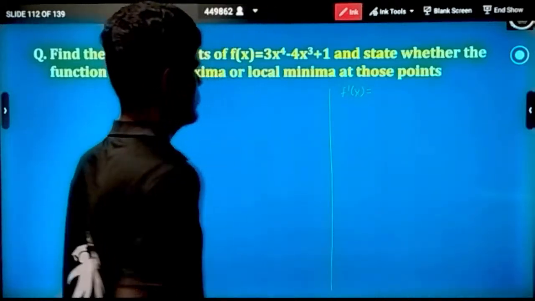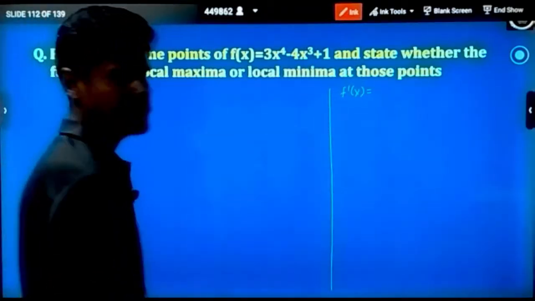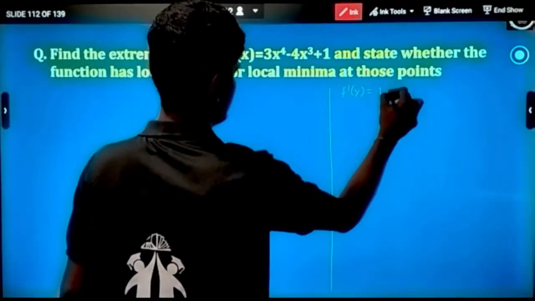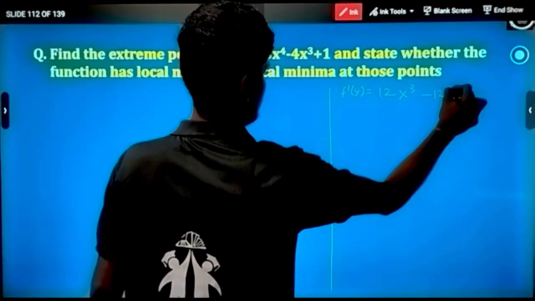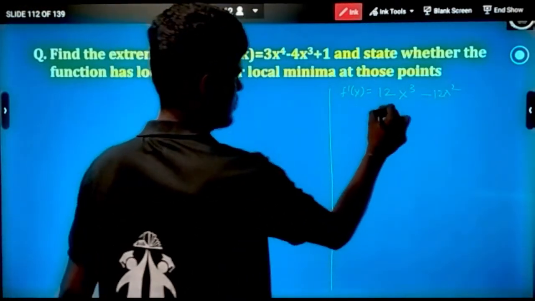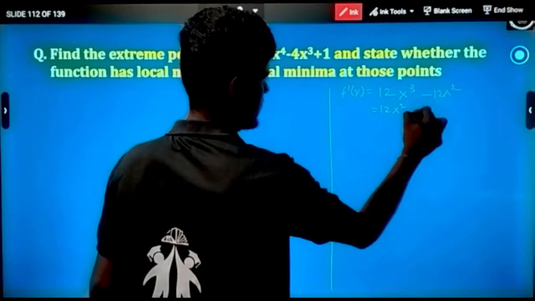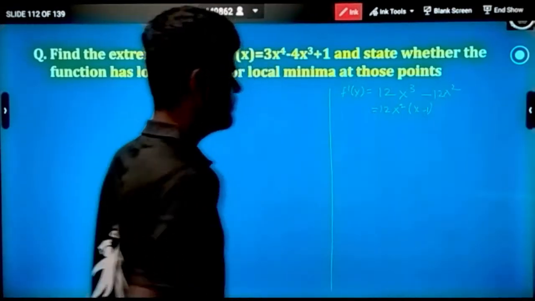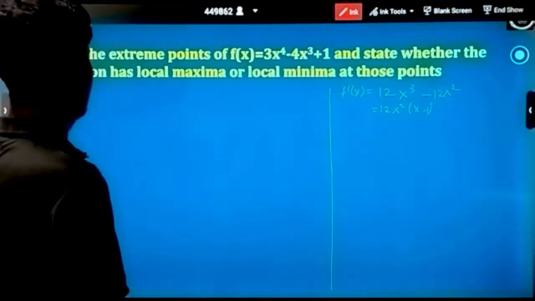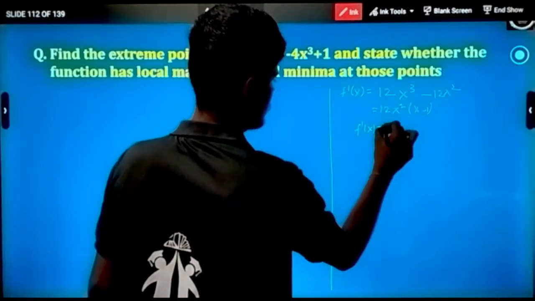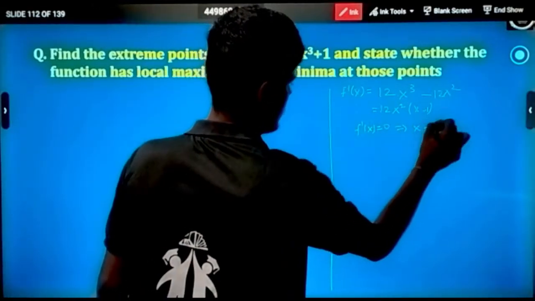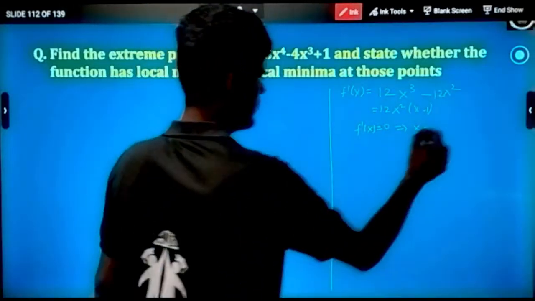F dash of x is equal to, what is the differentiation of this? That will be 3 into 4 is 12x cube minus 12x square. Now this is equal to 12x square into x minus 1. F dash of x equal to 0 means x will be equal to 0 or 1.